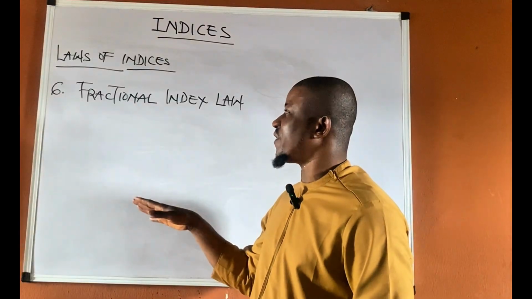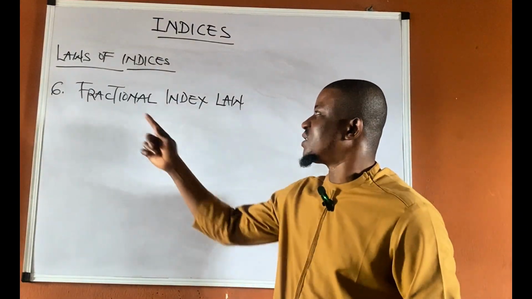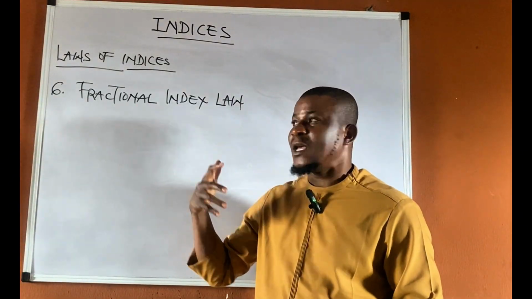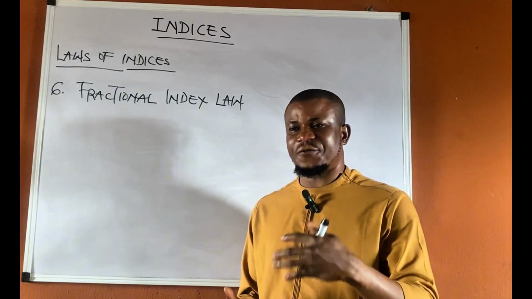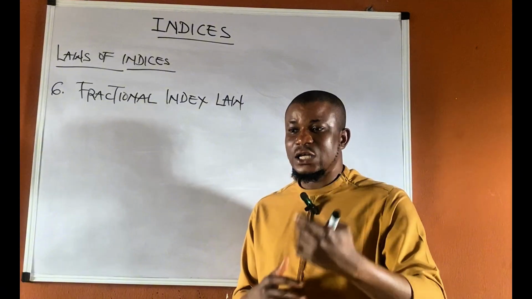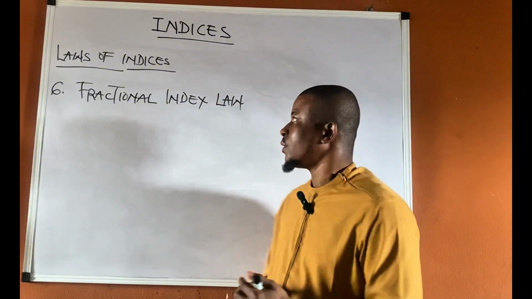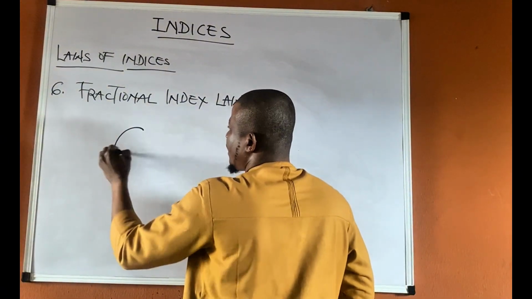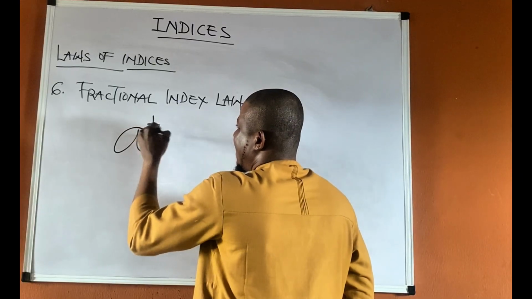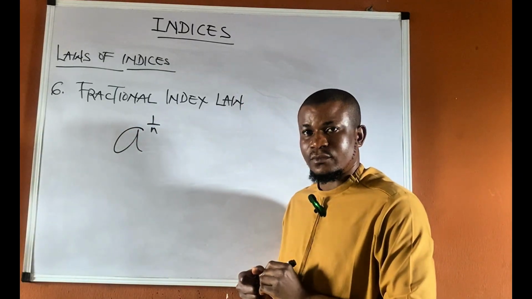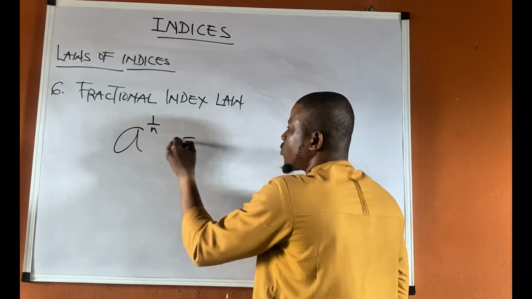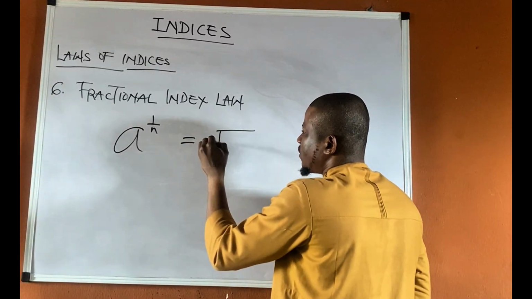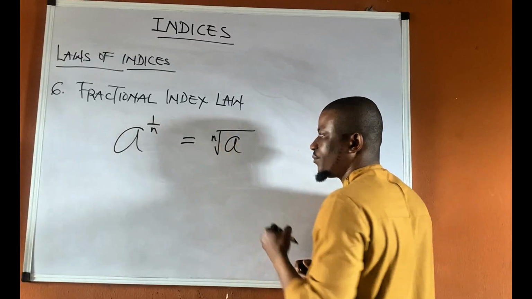We also have another law of indices we want to consider, which is the fractional index law. Let's give a basic example of the fractional index law, and from there, step it a bit higher. If I have an expression a to the power 1 over n, this is equal to the nth root of a.